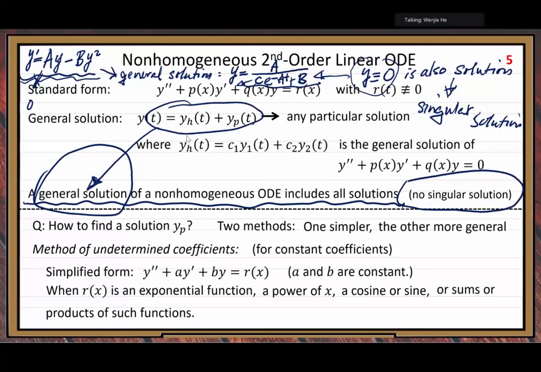If our second order linear ODE follows this pattern, we have a way to solve it. We can apply this method of undetermined coefficients to solve it.